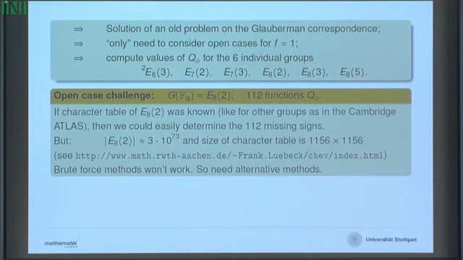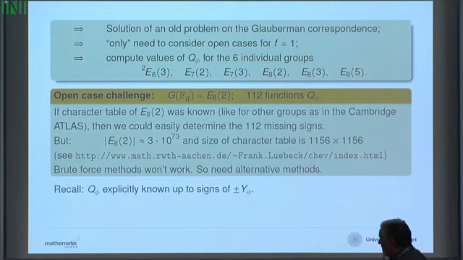When I started this project, of course I was trying several things, but since after all it's just 6 individual groups, it must be possible to do something there. But what do you have to do to get the solution? Let's just recall this. We just need to find these signs in the end.